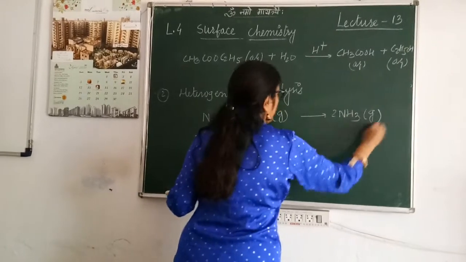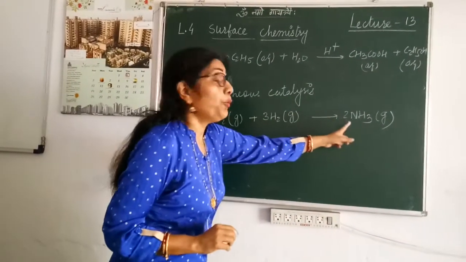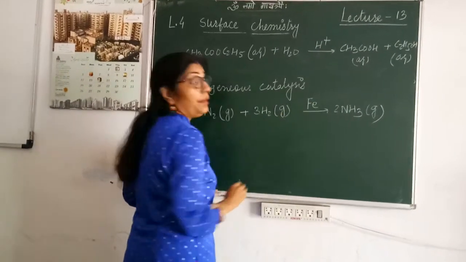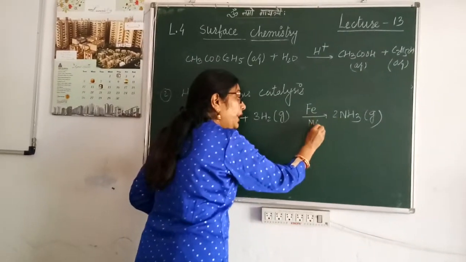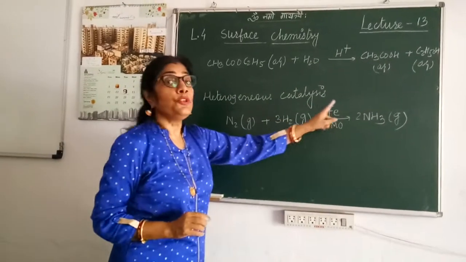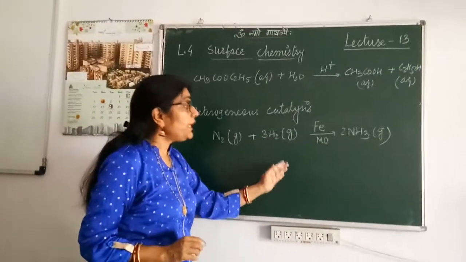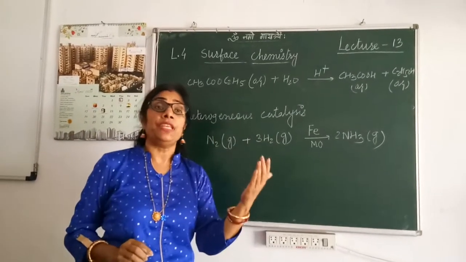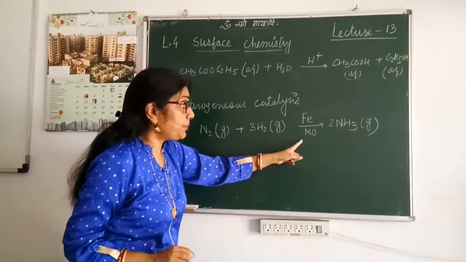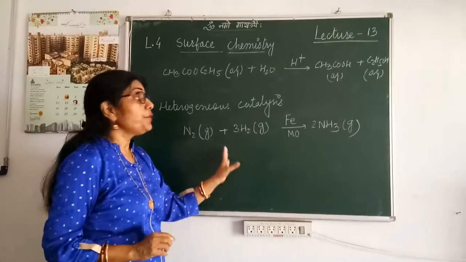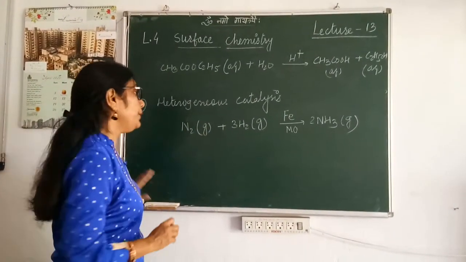Now you can see reactants and products are in gaseous phase, but the catalyst is iron. What is the role of molybdenum? Molybdenum is used as a promoter. So what is a promoter? The substance which increases the efficiency of a catalyst is known as promoter, and which decreases the efficiency of a catalyst is known as catalytic poison.